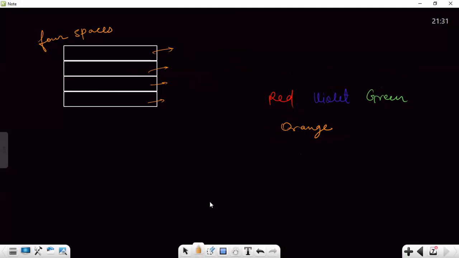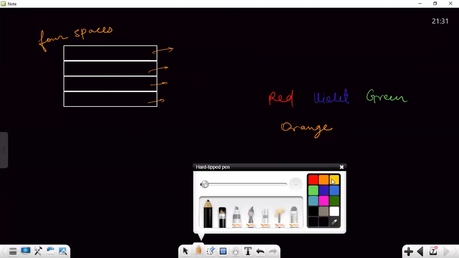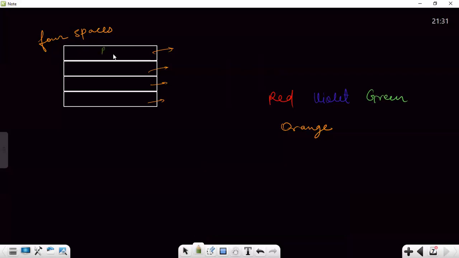Are you with me? Yes, sir. Let's say we have filled the first space with red color. So out of four choices, we have utilized red.